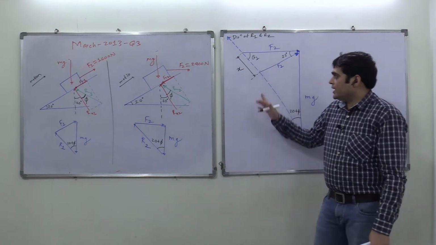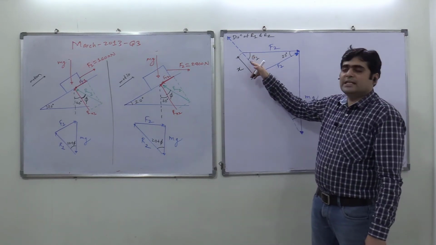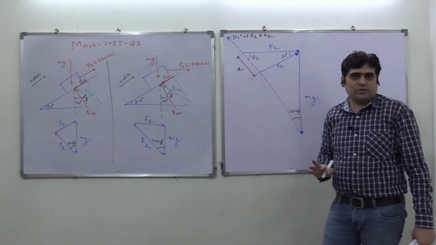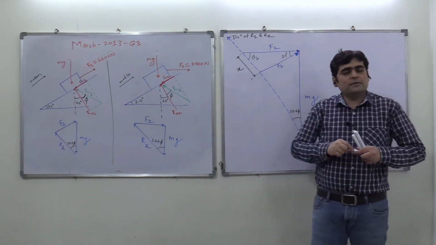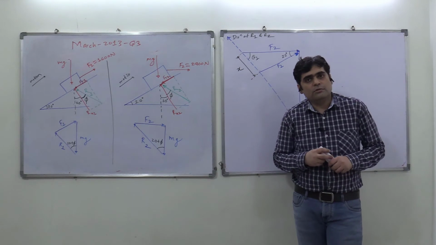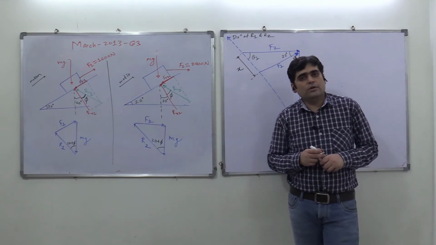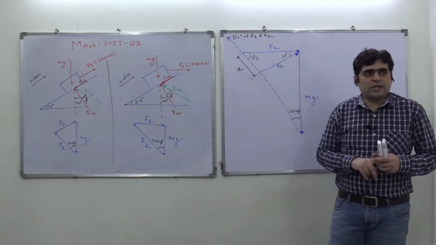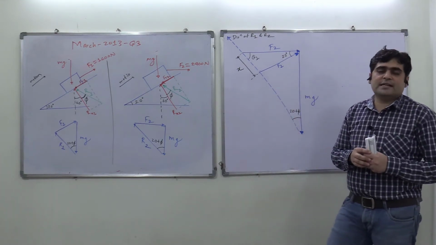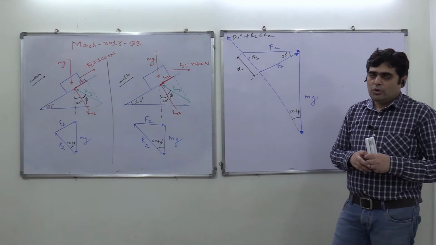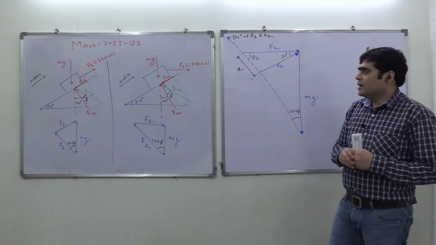Next point. Here we assume this angle as theta 1 and this distance as x. So we know the cosine rule, which we studied in the previous chapter while studying balancing. When to use the cosine rule?